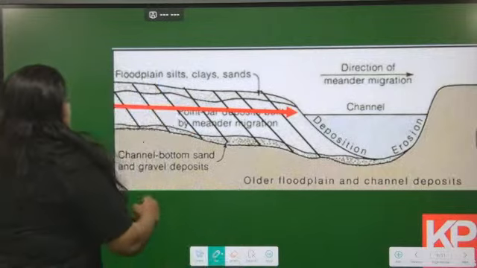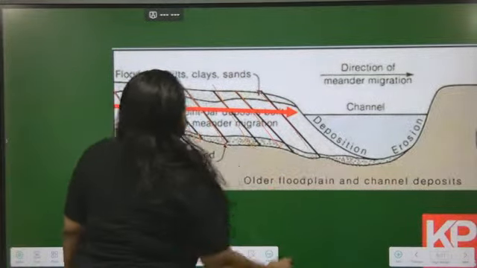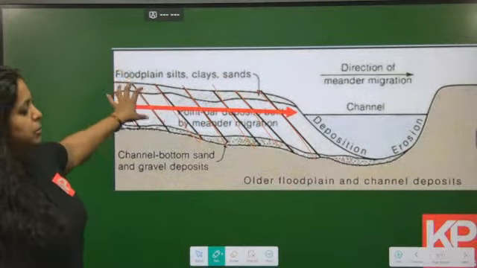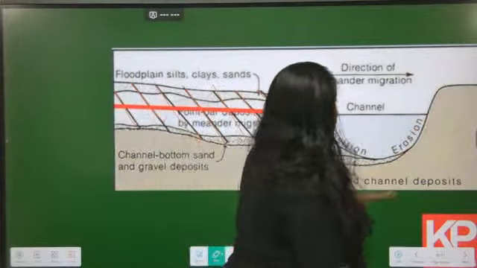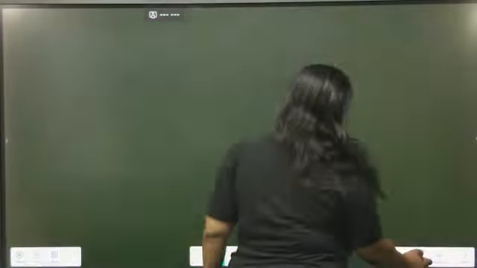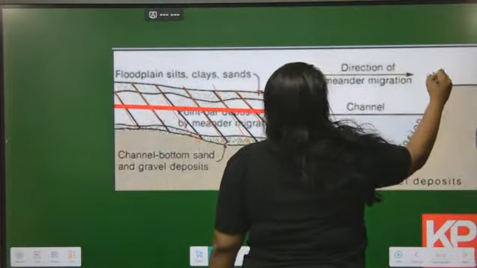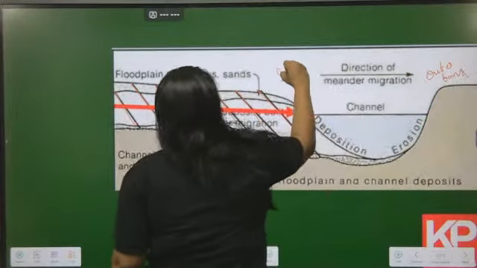Over here in this channel, you can see the deposition that has happened. It almost looks like cross bedded strata over here, and this is the present channel. This is the outer bank region over here, and this is the inner bank.